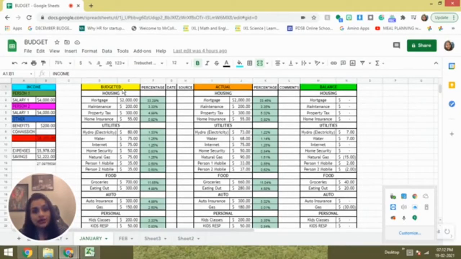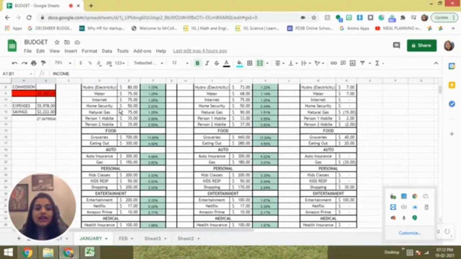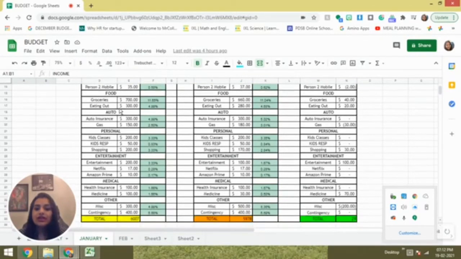If you have over budgeted or under budgeted for that particular category, you will come to know. Again, I've subdivided each category of expenses into different subcategories like housing, utility, food, auto, personal, entertainment, medical, and also others.